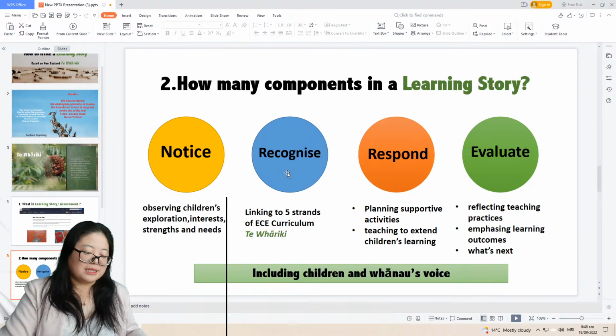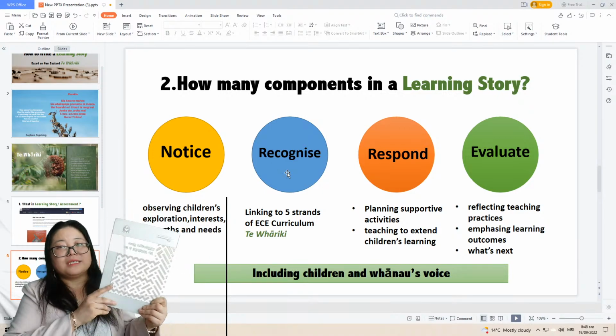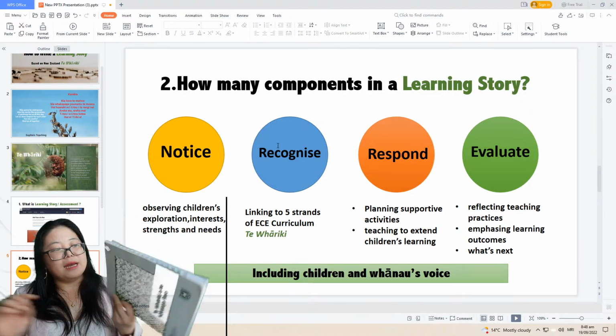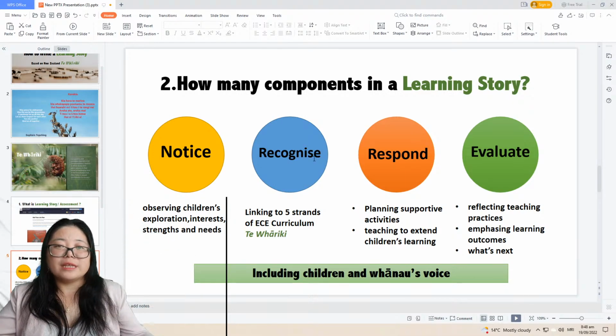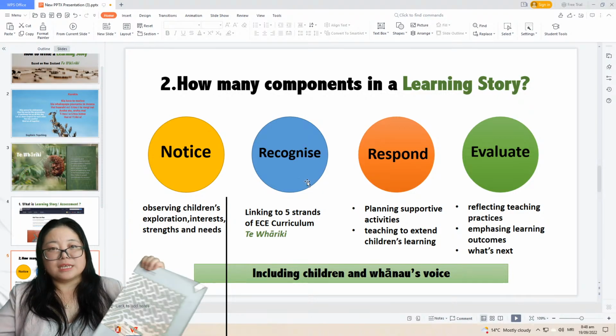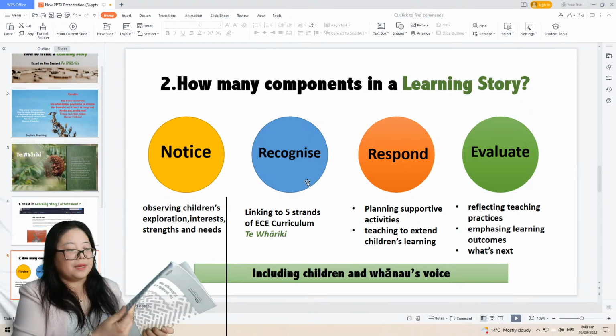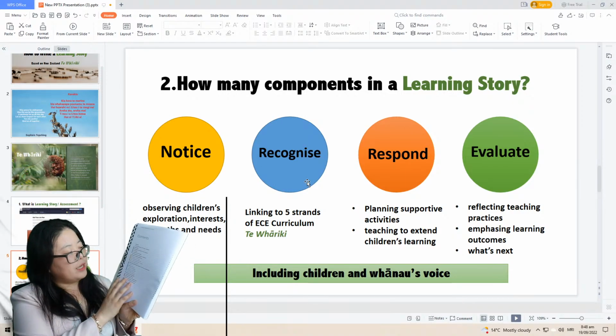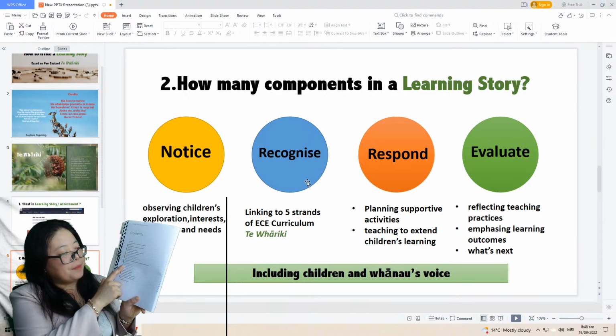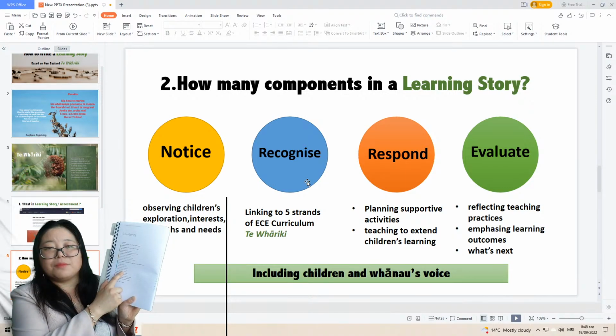And recognizing that requires you to link back to Te Whāriki, this document, which is a Maori version. It's about how you recognize or link it to the strengths explained in Te Whāriki. Because in Te Whāriki, there are 5 strands about the strengths: well-being, belonging, contribution, communication, exploration.